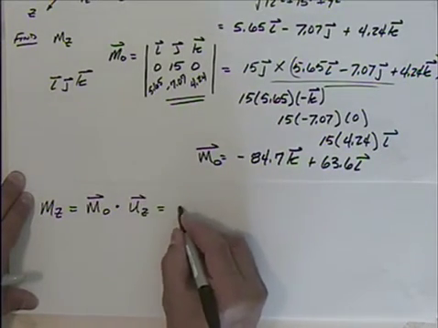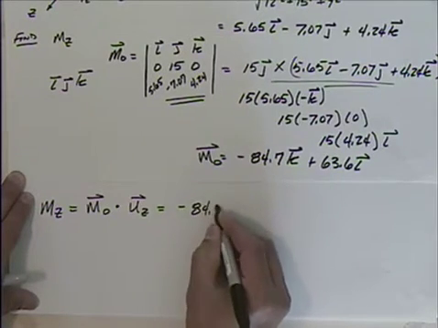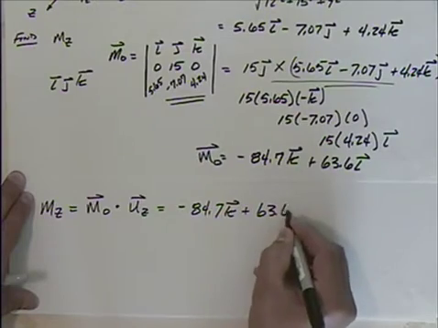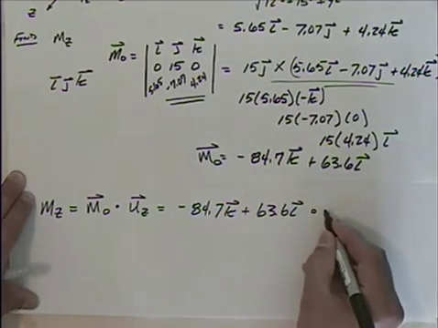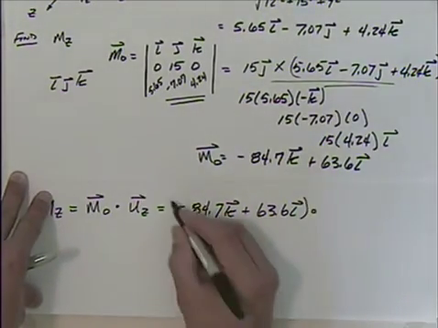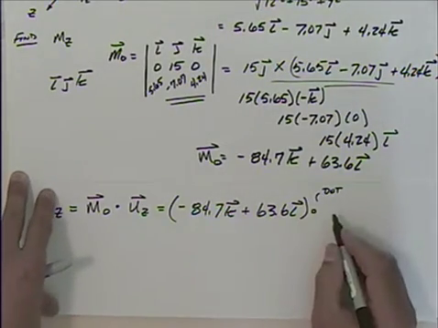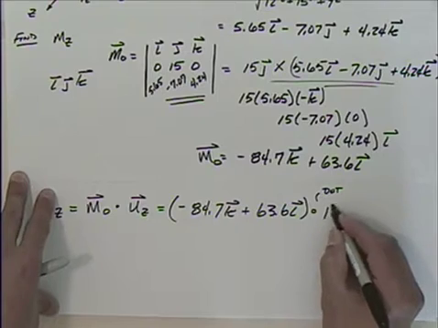So I could take minus 84.7 in the K plus 63.6 in the I and dot that with, so this is dot that with what? What's the unit vector in the Z direction? That's 1 in the K, isn't it?